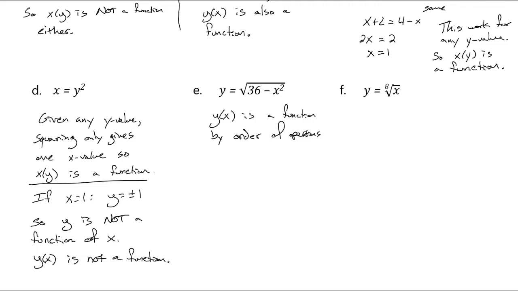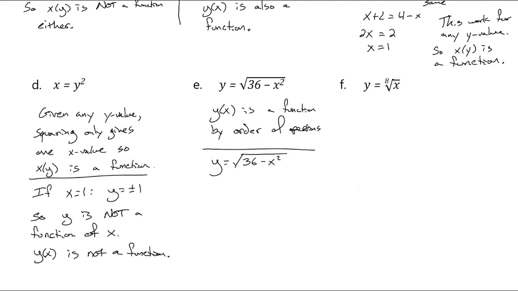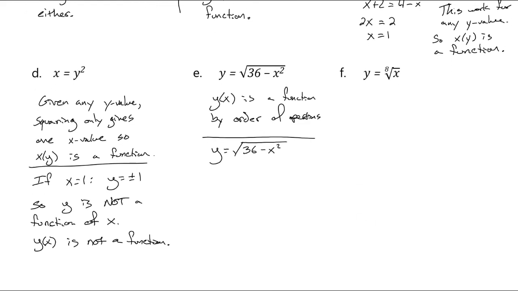Now if we try and go the other way, I'll rewrite this and we'll solve for x as best we can here, 36 minus x squared. Let's try plugging in a y value, right? If I plug in a y value, can I get more than one x value potentially? Let's say if y equals 0, we'll get 0 equals the square root of 36 minus x squared.